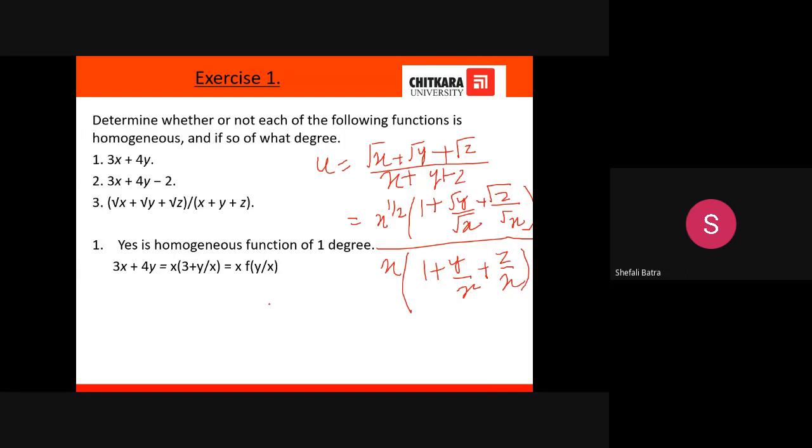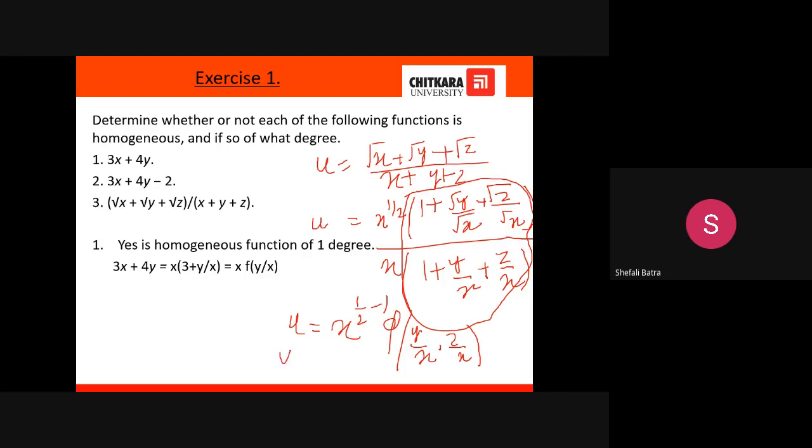Then u is equal to x power 1 by 2 minus 1. And this complete function can be written as a function of y by x, comma, z by x, because you are dealing with 3 independent variables. If you take x outside, what is left inside? y by x and z by x.